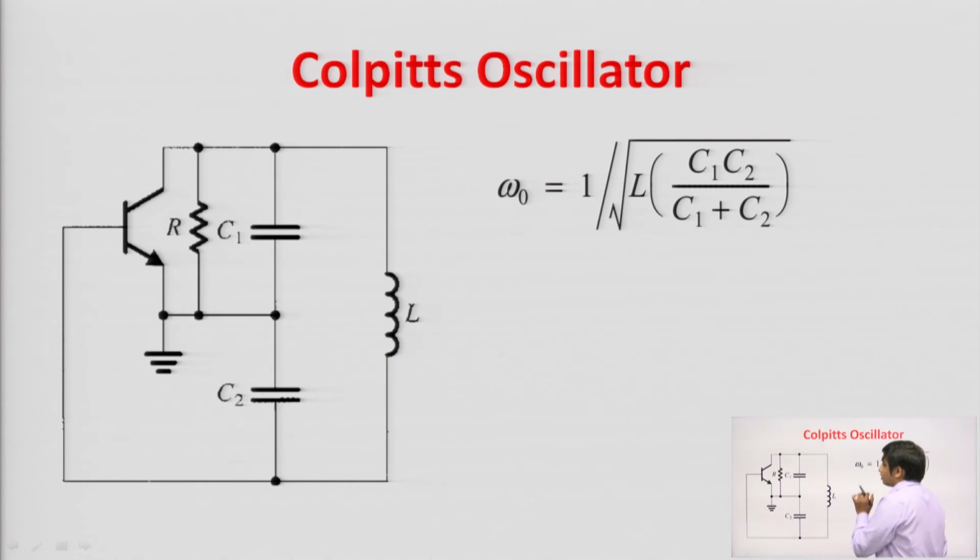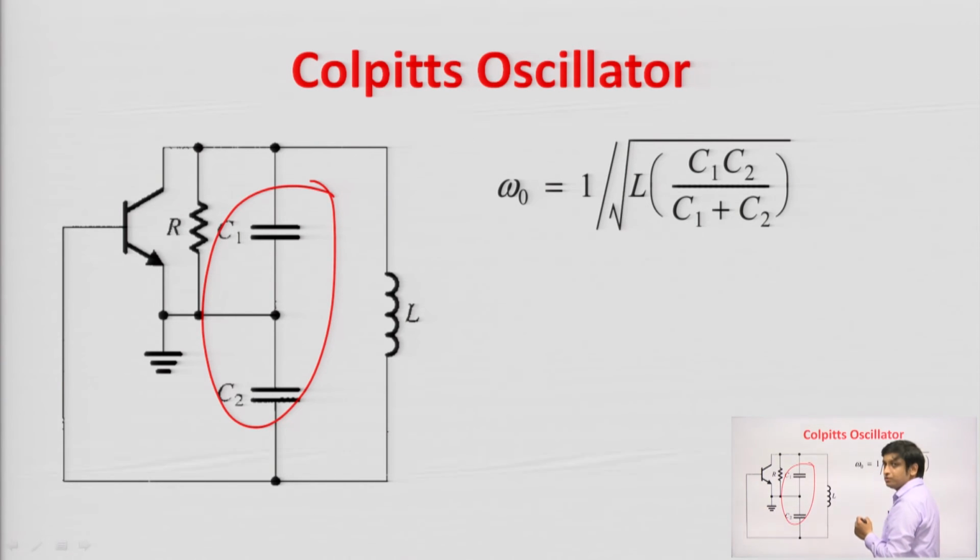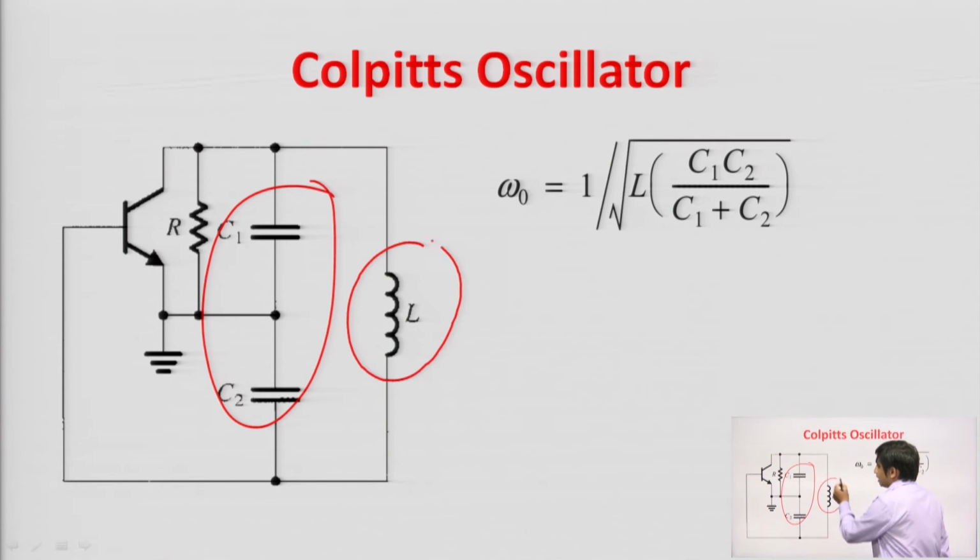We can see that in the Colpitts oscillator there are two capacitors C1 and C2 and one inductor L, and this LC circuit is connected between two terminals of the BJT, the base and the collector, fine. And this resistor R models the losses in the inductor and the output resistance of the transistor, etc.